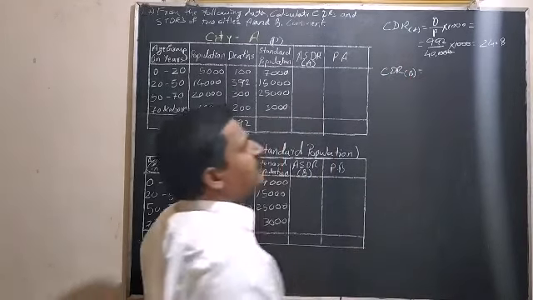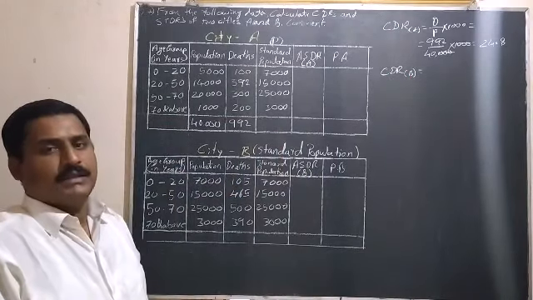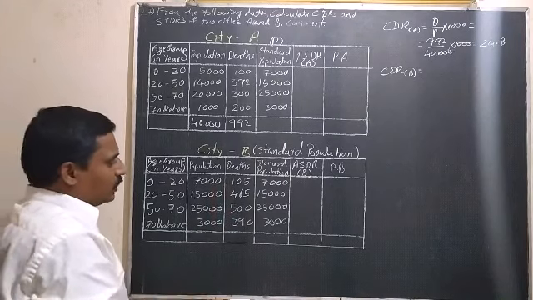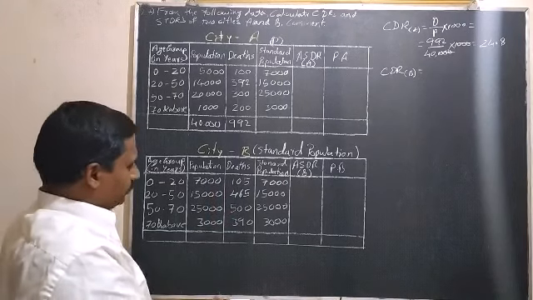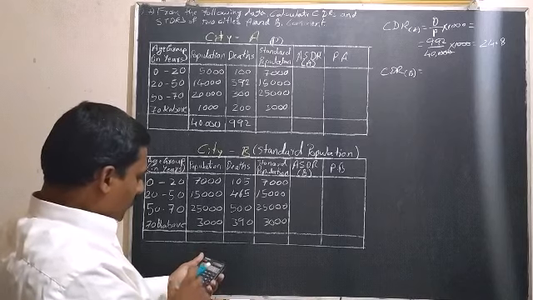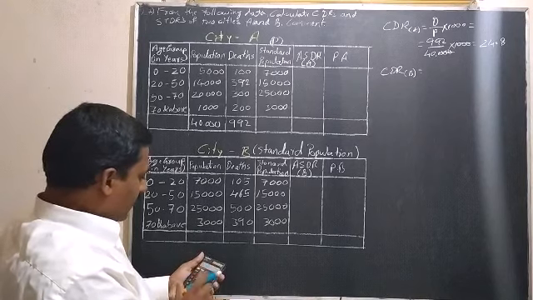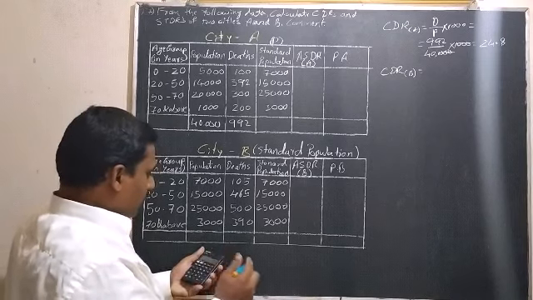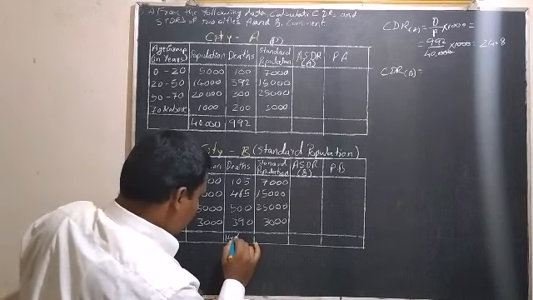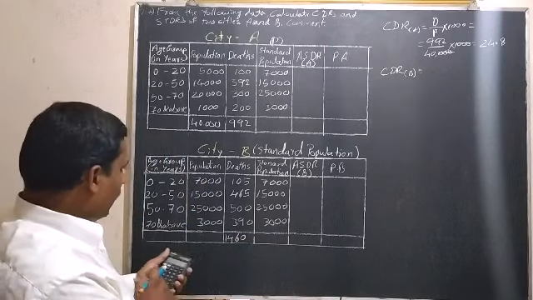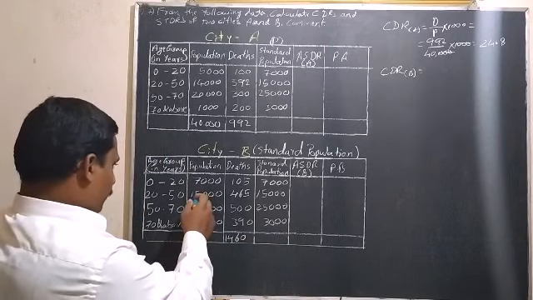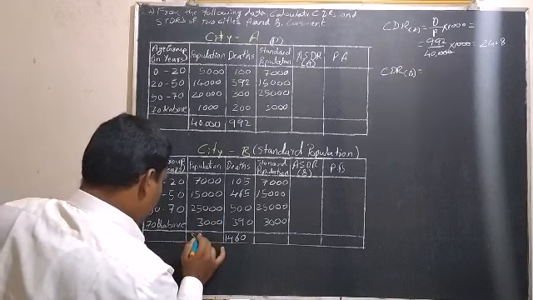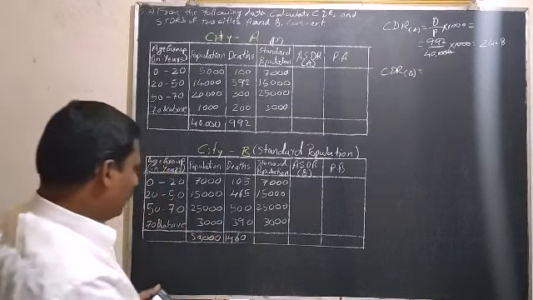And now CDR for location B. The formula remains the same, deaths divided by population. So here total deaths are 5 plus 465 plus 500 plus 390, which is equal to 1460 deaths, and 50,000 is the population.